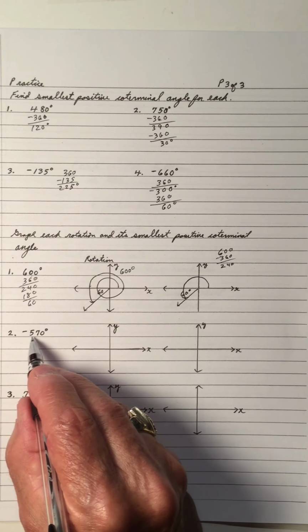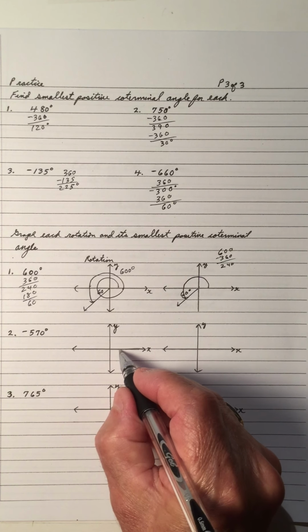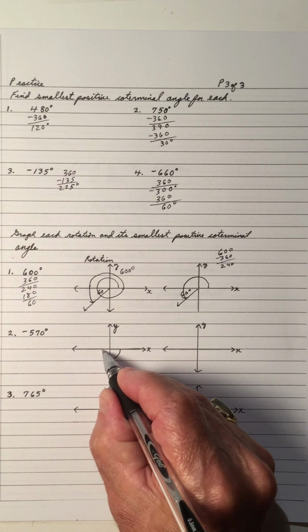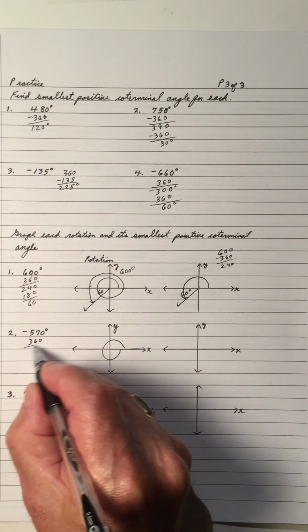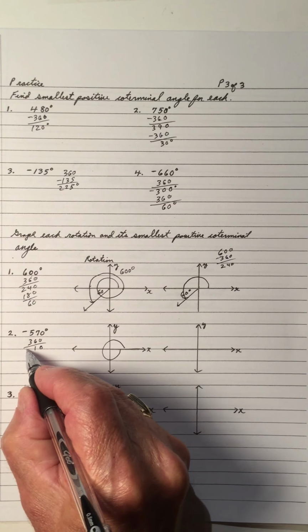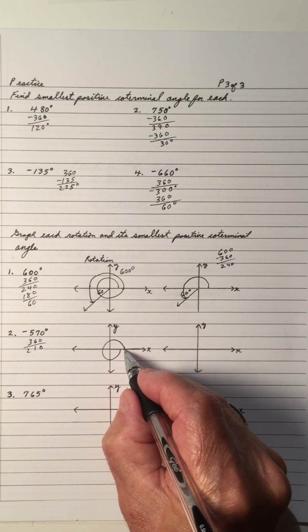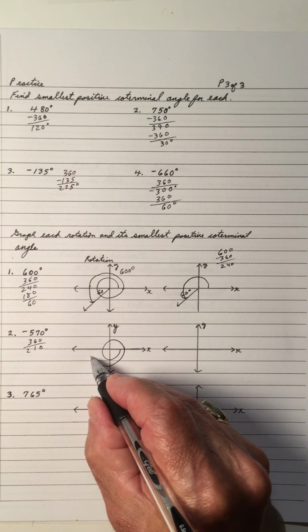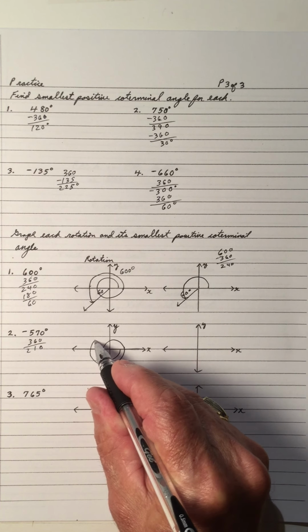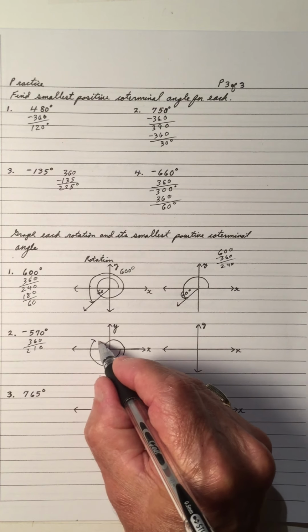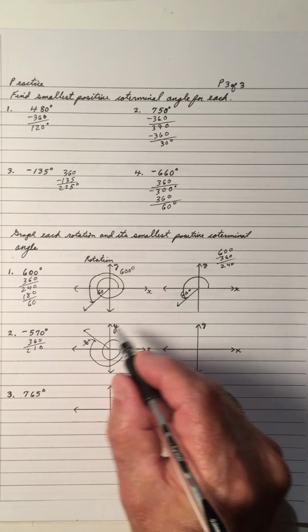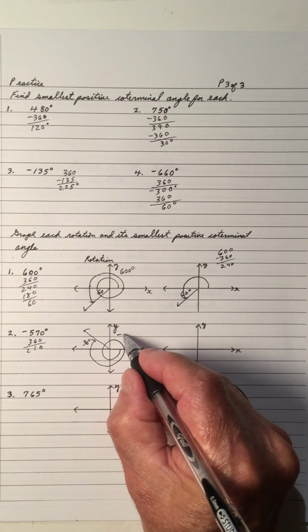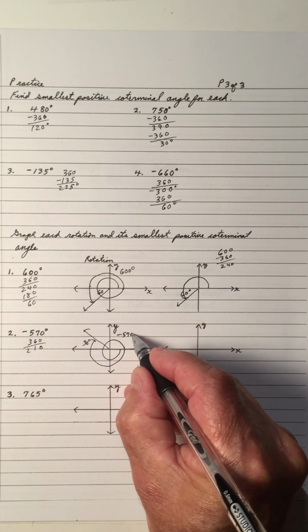So like negative 570, that's a negative 360, so that's 210. So we go again, that's 180. So 180, here we are. The 30 reference. So that's negative 570.